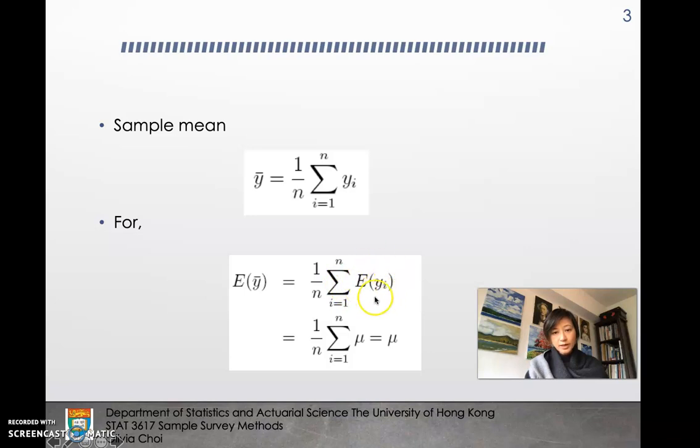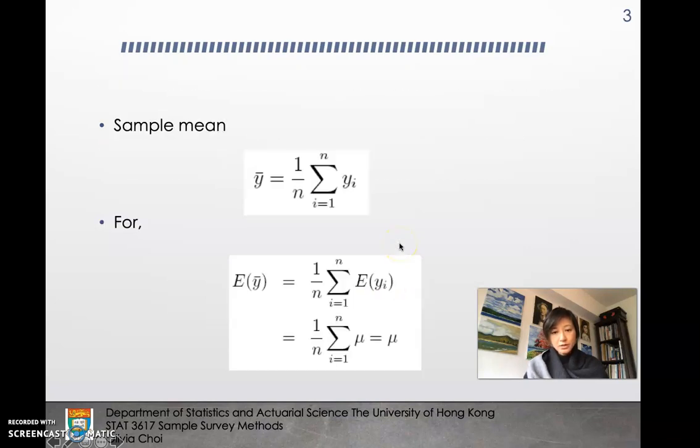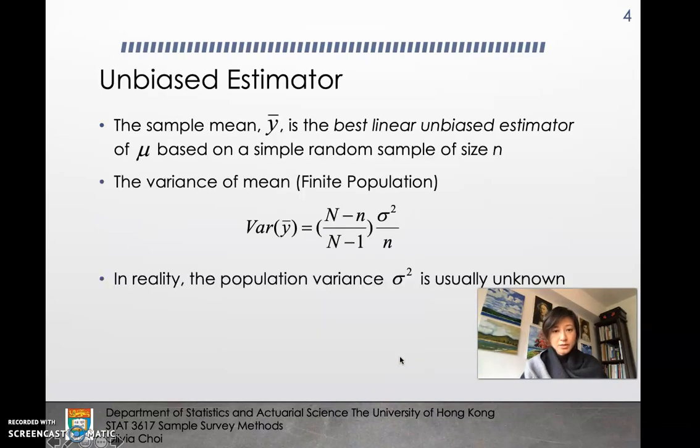The expected value of yi, we can find from the population, is mu. So adding them gives n mu divided by n. So we find that the expected y bar, the sample mean from a simple random sample, equals the population mean mu. So we can say that the sample mean y bar is the best linear unbiased estimator based on a simple random sample of size n.